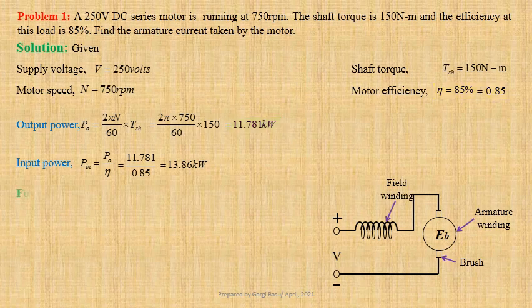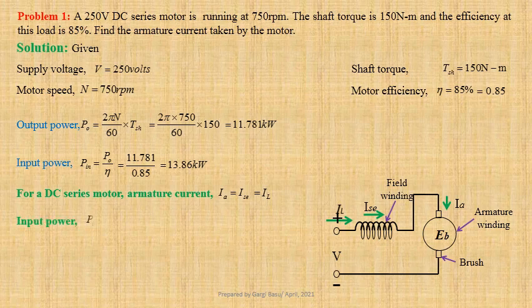For a DC series motor, armature current IA equals IAC, that is equal to IL. Input power Pin equals V into IL, that is equal to V into IA.